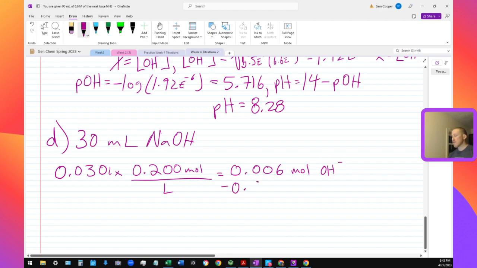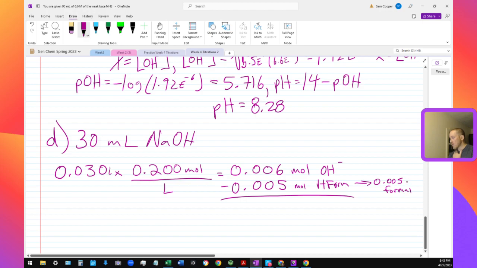And of course, every time we're doing these, we're taking it back to the beginning and looking at it as an entire titration. We initially had that many moles of formic acid, and when we introduce this much sodium hydroxide, all of that is going to be consumed and become formate.